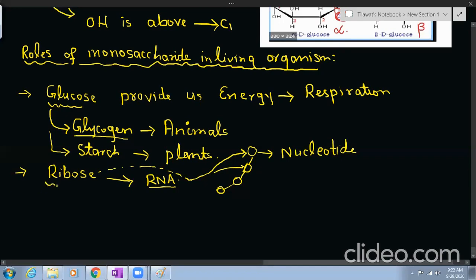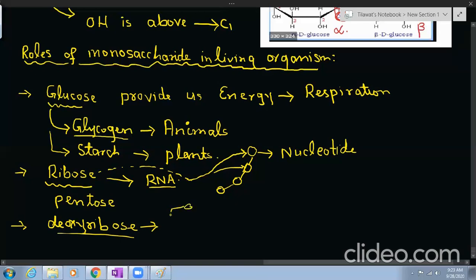Now, ribose is actually a 5-carbon sugar, a pentose. It is a monosaccharide. Another we have is deoxyribose. This is also a ribose sugar, but this is deoxyribose. There is some structural difference between ribose and deoxyribose.